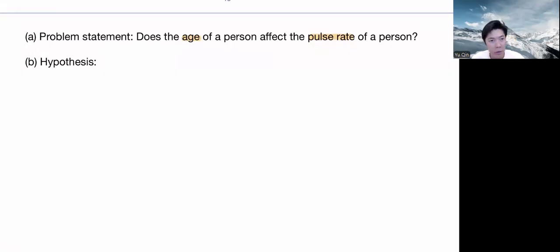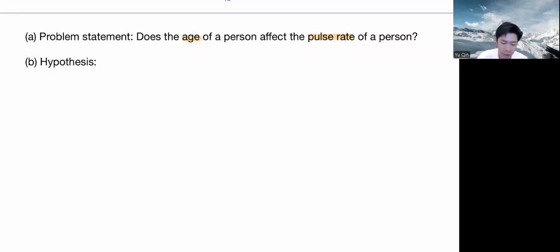The older you get, your heart rate will be slower, because you're old already. When you're older, your muscles get weaker, right? When your muscles get weaker, then obviously you have a slower pulse rate. So I think you can do this one.